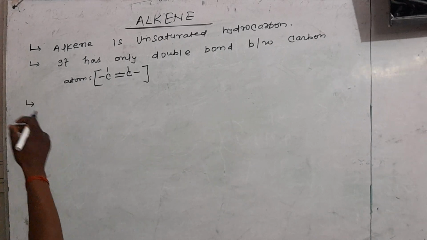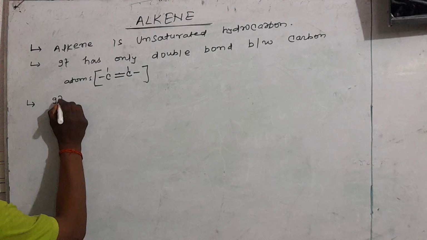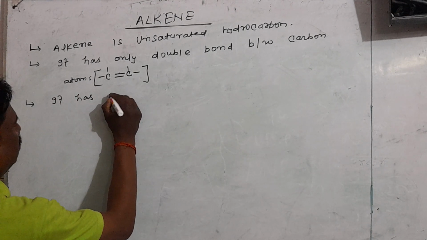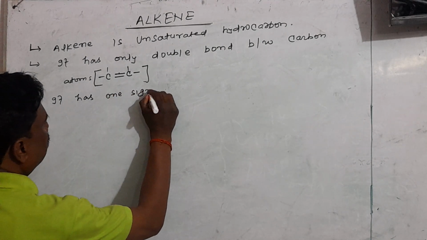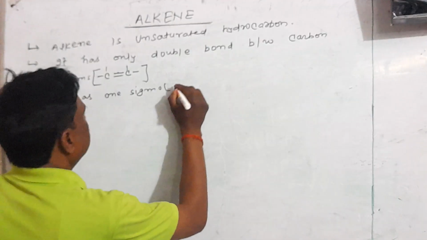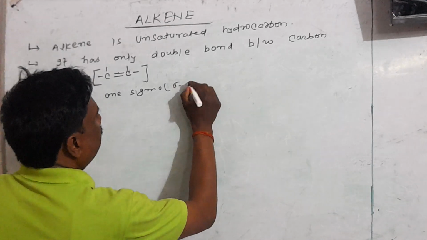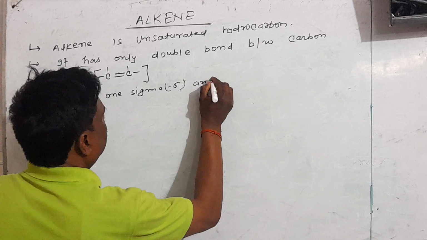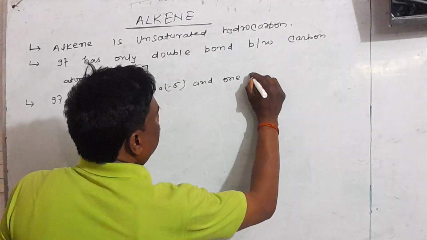In another way, we also write it has one sigma. You must write the symbol of sigma like this. It has one sigma and one pi.